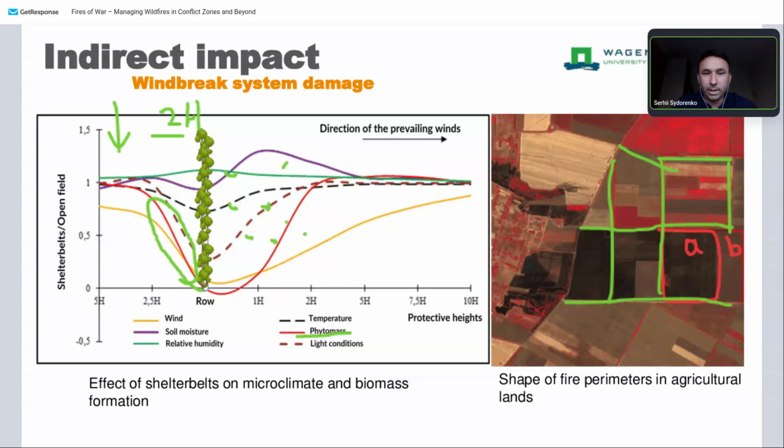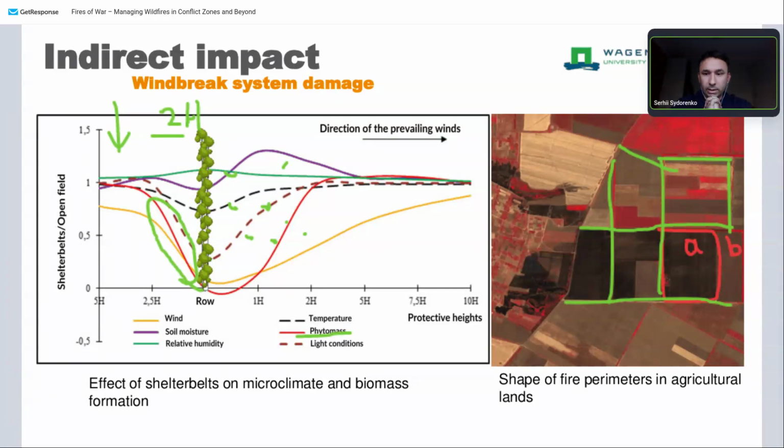So in that way, we discovered another interesting ecosystem service for Ukrainian windbreaks. Maybe it is not very interesting for an international audience, but at least for Eastern Europe, I know that it is a common practice to have this type of agroforestry system, which can also contribute to reducing risks.